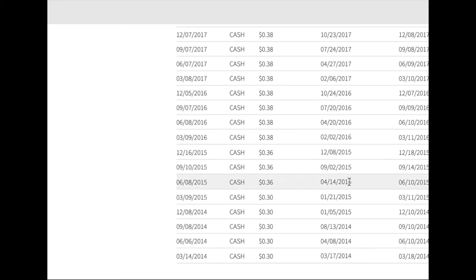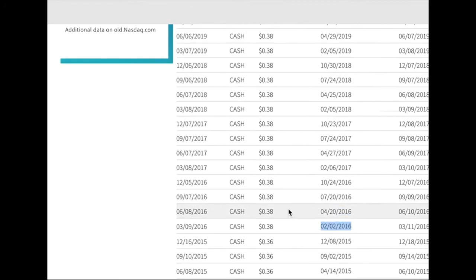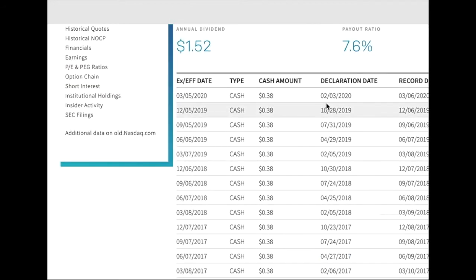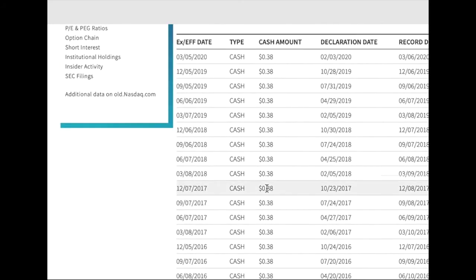After 2015, they increased a little bit, right? And then they increased the dividend amount in 2016, and after 2016 their dividend amount is stable over time, right? And one interesting thing is the dividend did not decrease over time, right?